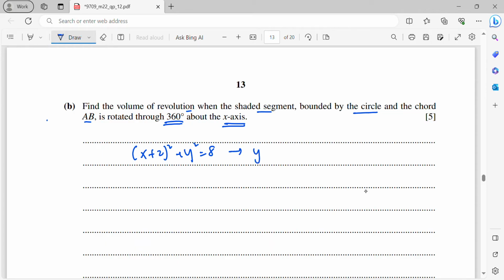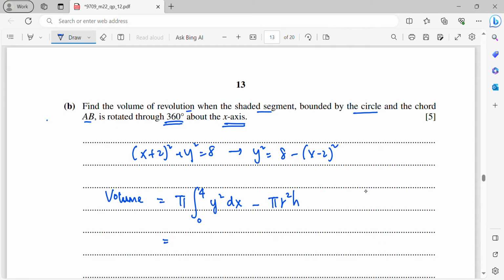Therefore, y squared is going to be 8 minus (x minus 2) squared. So my volume equals pi times the integral from 0 to 4 of y squared dx, minus pi r squared h.